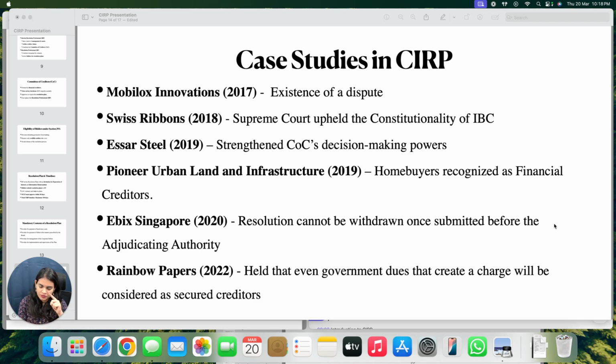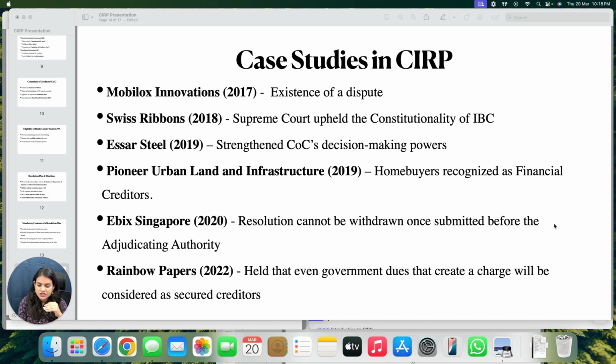the cause of action arose, and there was still 1 year to the limitation period. The limitation period has not elapsed yet. So there is a dispute, and it is on the corporate debtor to raise such a dispute within the limitation period.